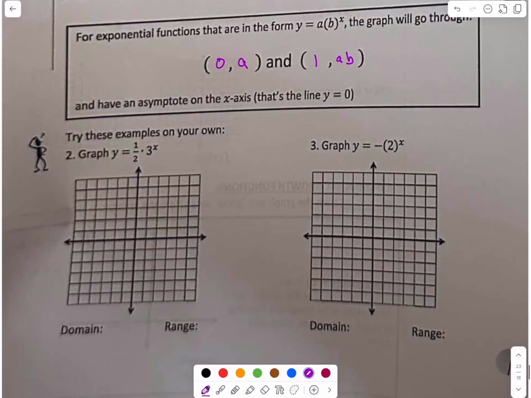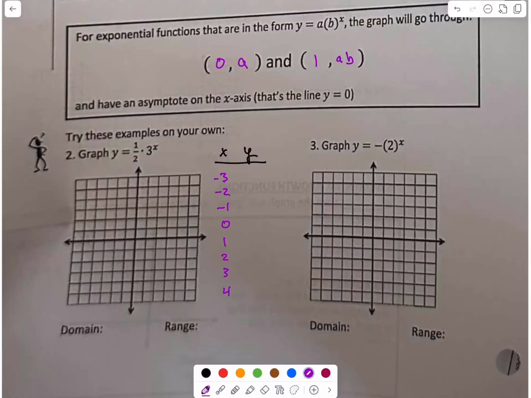So graph, I guess we can do a table of values, x versus y. We'll go negative 3, negative 2, negative 1, 0, 1, 2, 3, maybe 4.